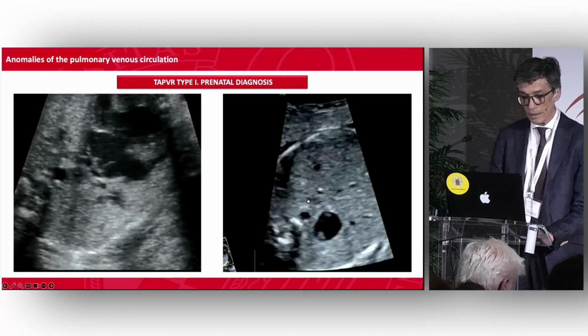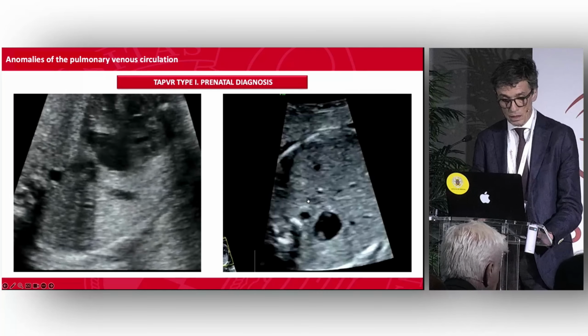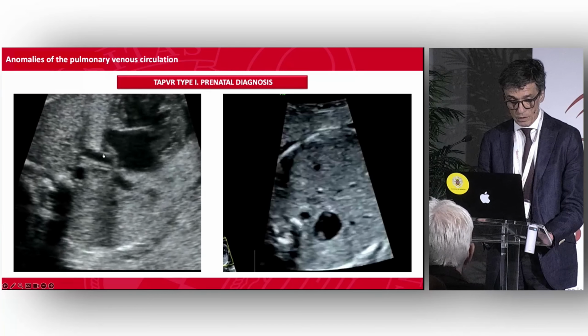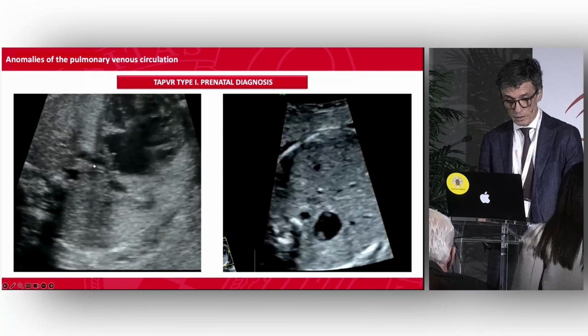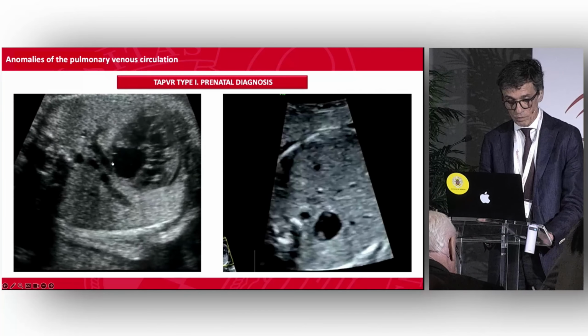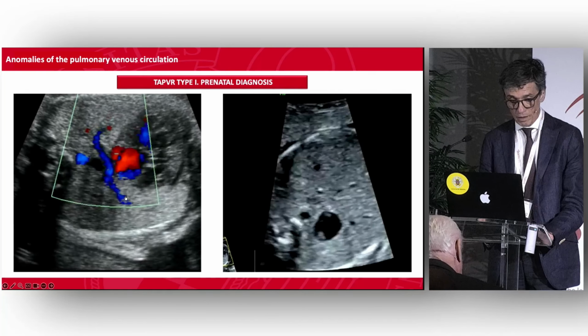Another example: many times we see these abnormalities in the context of heterotaxy syndromes, cardiosplenic syndromes. We may see here these abnormal vessels crossing the thorax of the baby behind the left atrium. There is no pulmonary vein entering the left atrium.